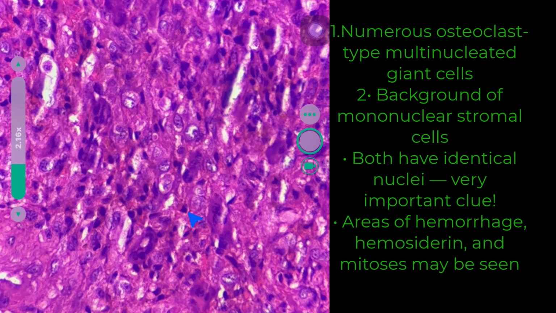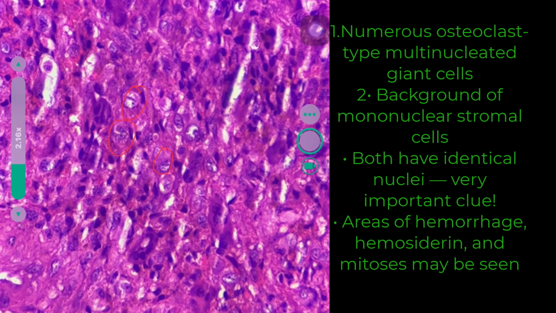So, the diagnostic backbone is mononuclear stromal cells. These are the cells, and this is the neoplastic component. These cells are oval to spindle shaped, round to oval, with vesicular nuclei and small but indistinct nucleoli.